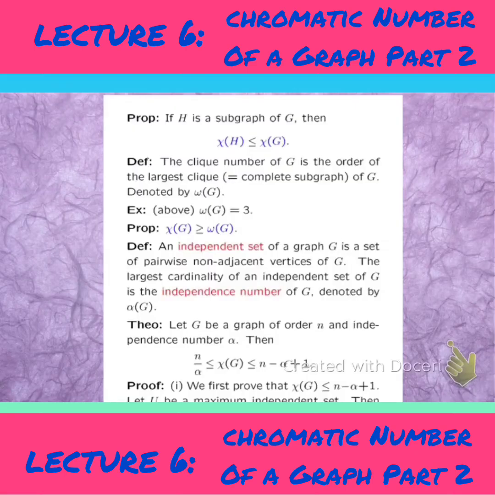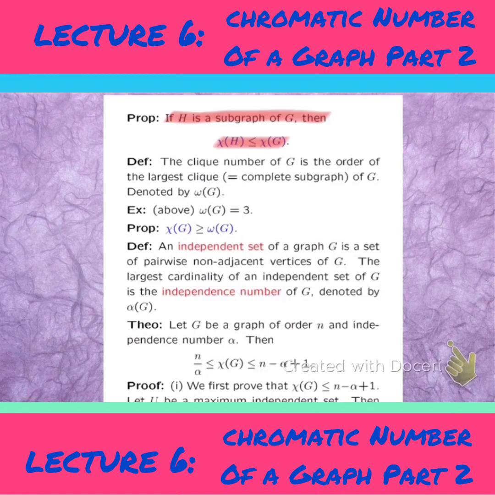Okay, so the next little proposition can be easily verified. If H is any subgraph of G, then the chromatic number of H is always less than or equal to the chromatic number of G, and that's obvious because if you take a coloring of the vertices of G that uses the chromatic number of colors, then taking any subgraph of G, you've already established that coloring.